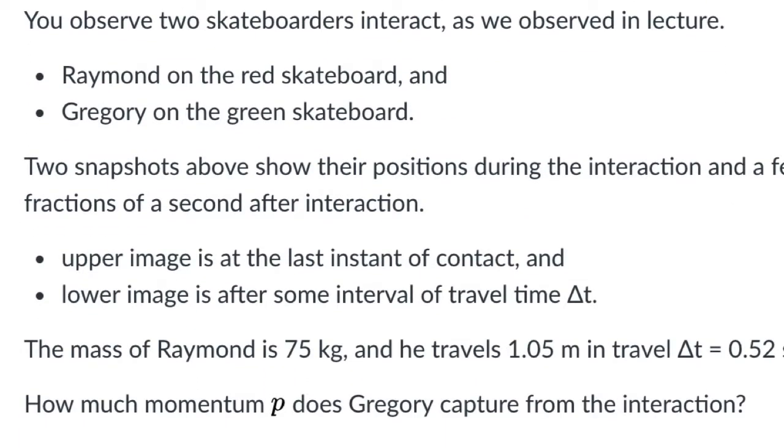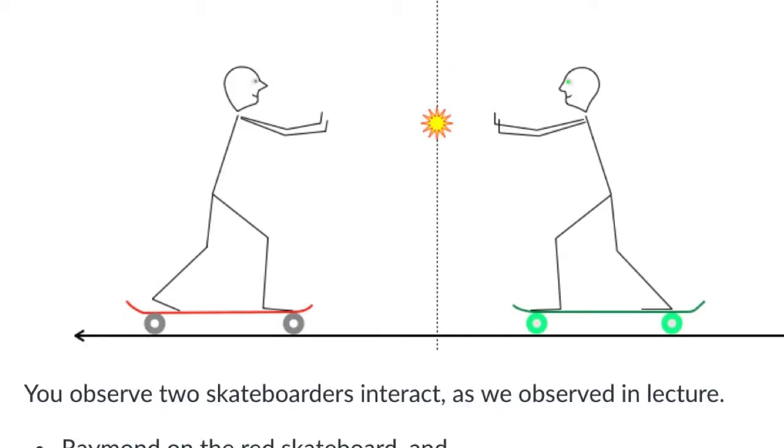This is a homework problem. Two snapshots show the positions during the interaction and a few fractions of a second after the interaction. The upper image is the last instant of contact, and the lower image is after some interval of time, delta t.